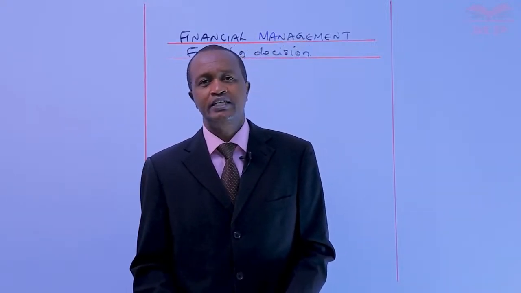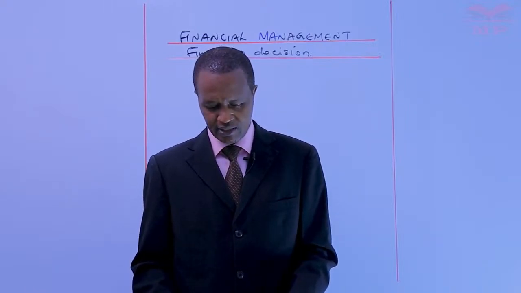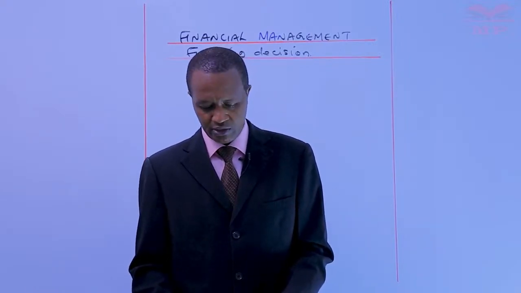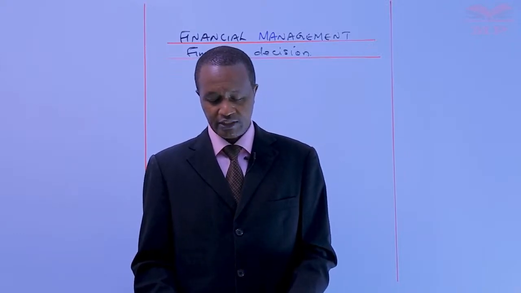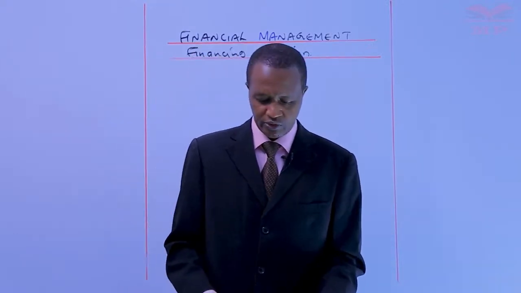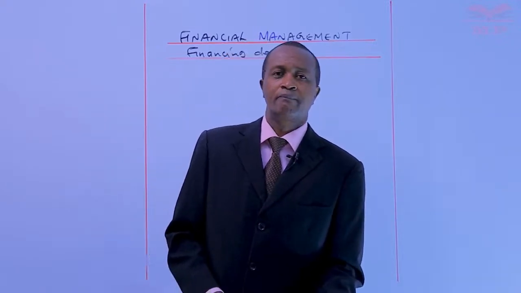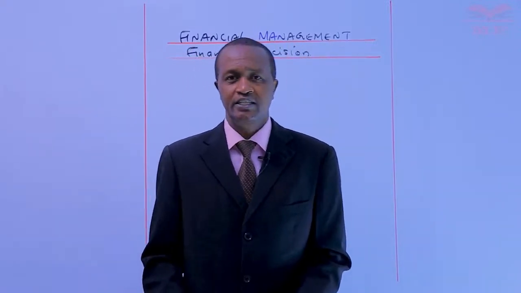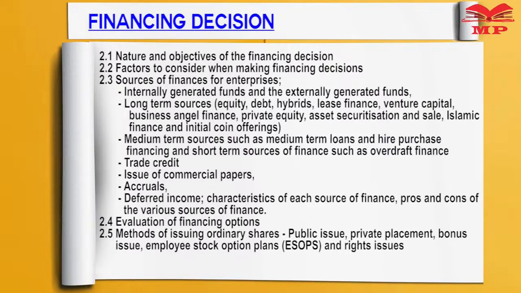Those are the key decisions that the financial manager makes. Today we begin the discussion of the second crucial decision expected of a financial manager, that is the financing decision. This chapter is arranged into 5 subtopics.